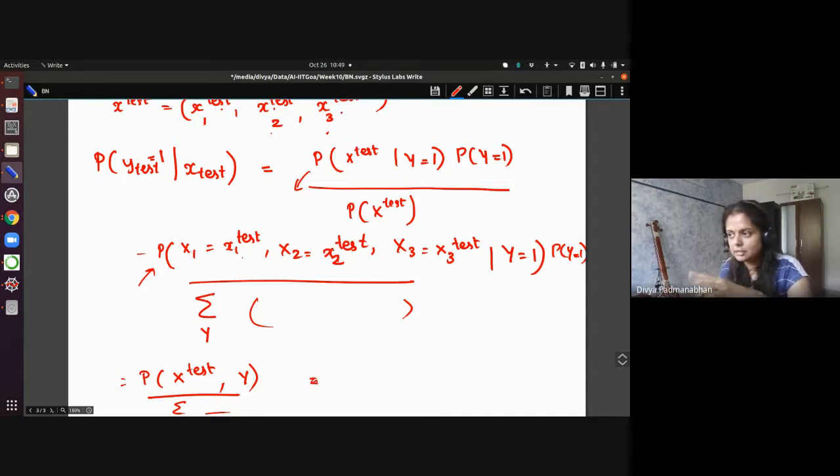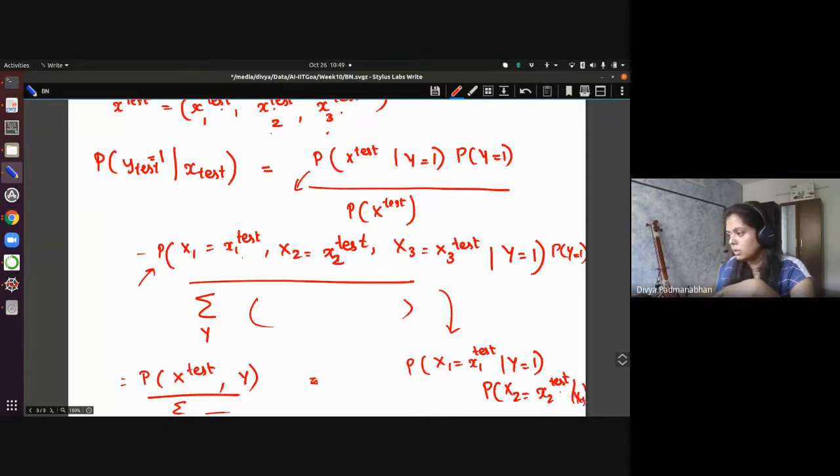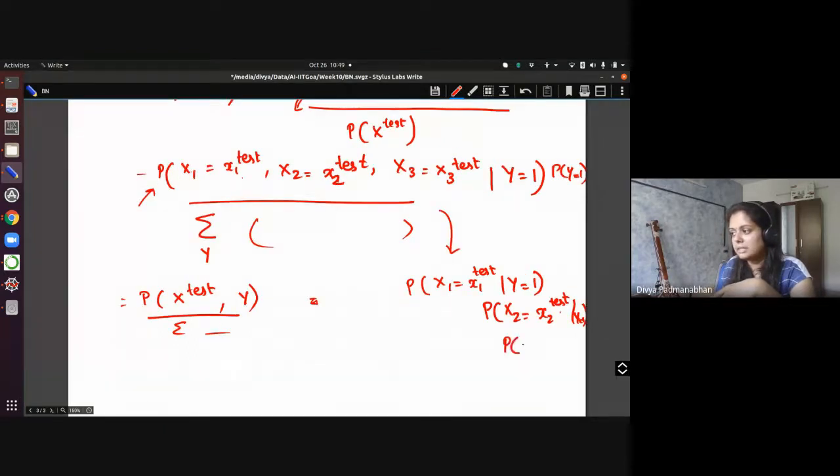In naive Bayes, what you further do is take this numerator and say that all these factors, x1, x2, and x3, are independent given y. So further, you write probability x1 equal to x1 test given y equal to 1, times probability x2 equals x2 test given y equal to 1, times probability x3 equals x3 test given y equal to 1, and of course times probability y equal to 1, and so on.